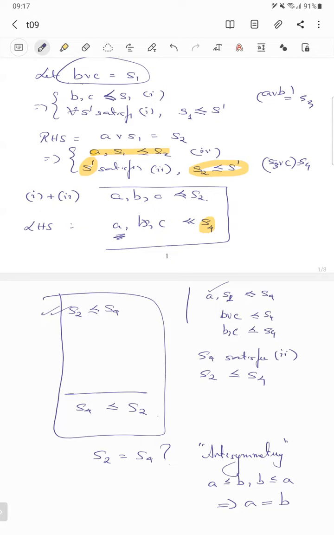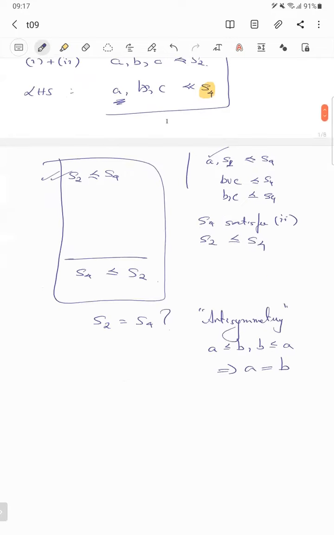In both cases A, B, C are less than or equal to S2 or S4, and for any other bound satisfying those conditions, it will be greater than or equal to S2 and S4. Because both conditions are the same, I thought the uniqueness property gives us the result. Sure, thanks.